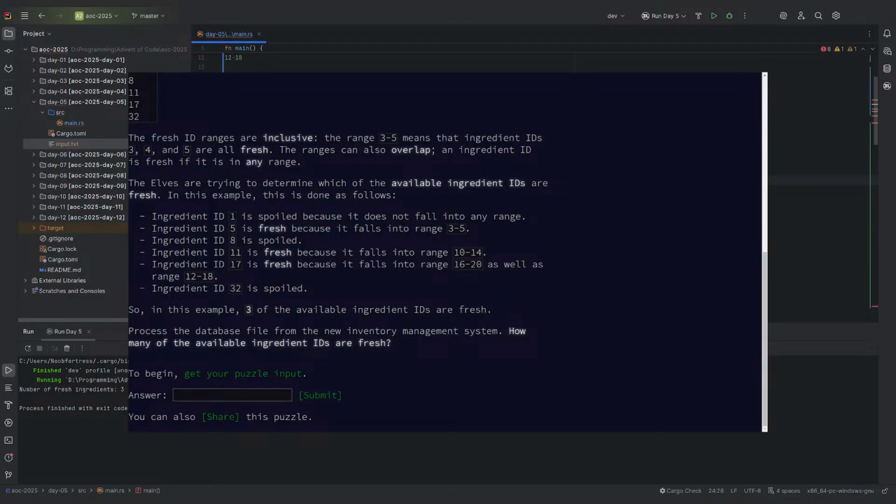Probably expand this one a little. I doubt this function's the issue. I can debug here.